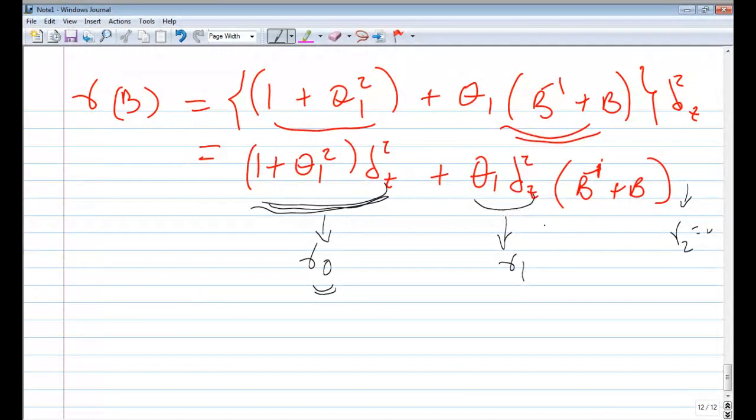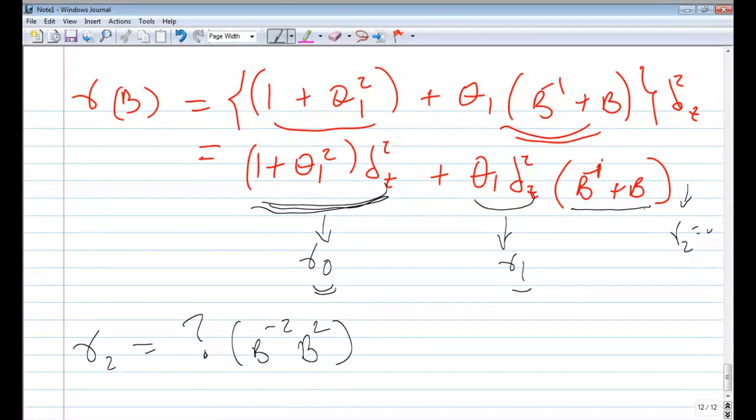This one we call gamma 1 because there is a B inverse plus B. For gamma 2, you're supposed to have a value there together with B to the power minus 2 and B squared. But we don't have them there.